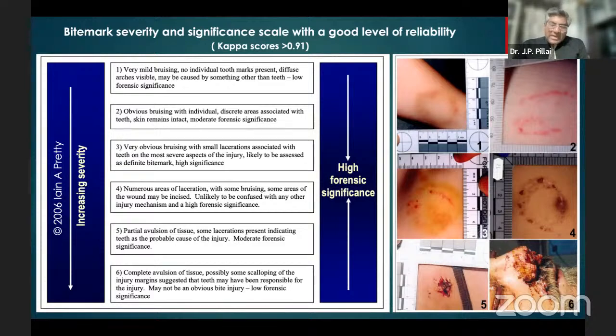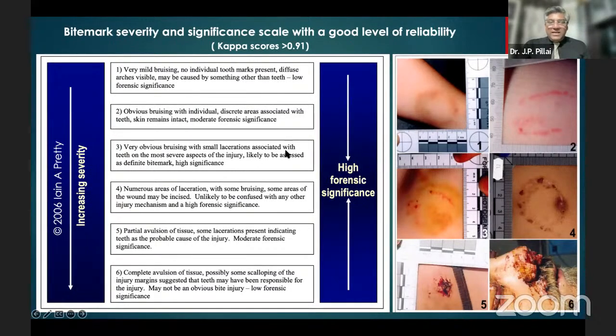One thing is very clear: the more severe the bite mark pattern is, that means if the tissue is more avulsed, more lacerated, then the forensic evidentiary role decreases. At the same time, if there is no indentation of the teeth on the skin, the evidentiary role is also very low.